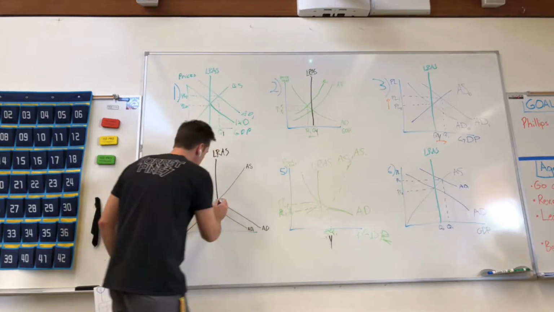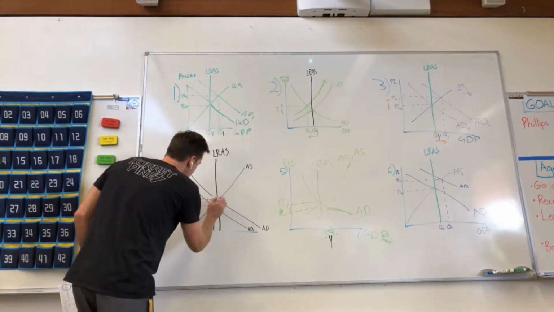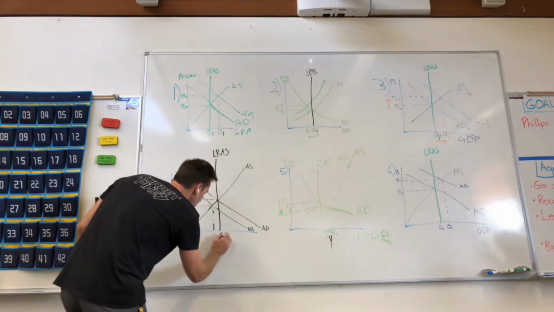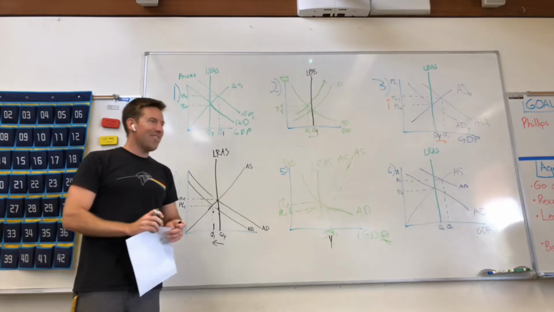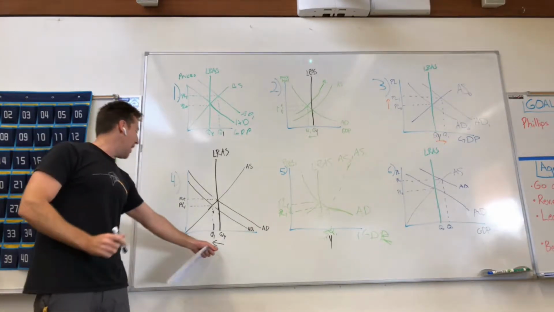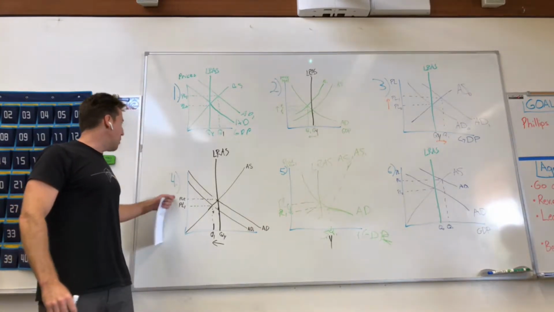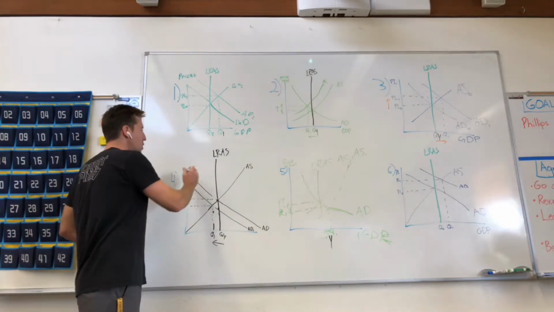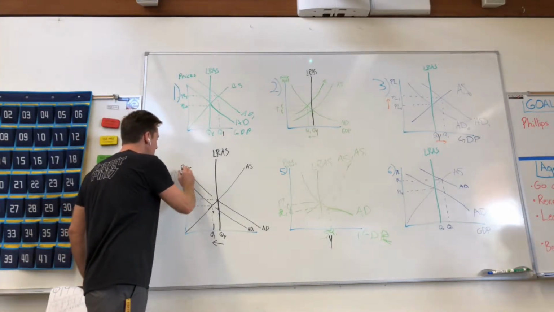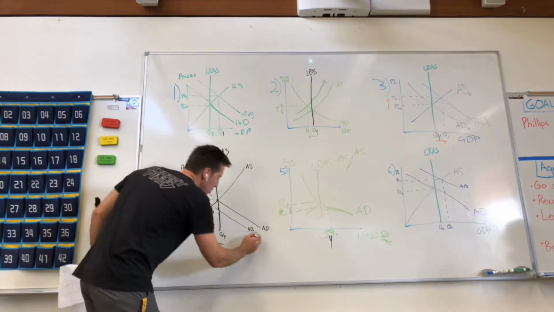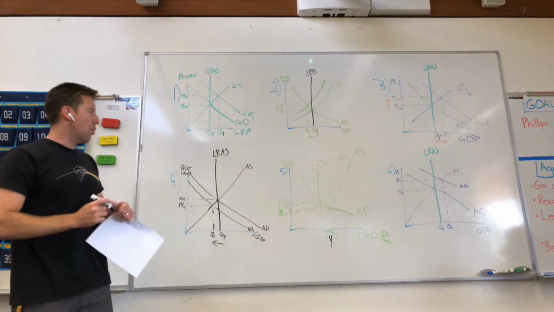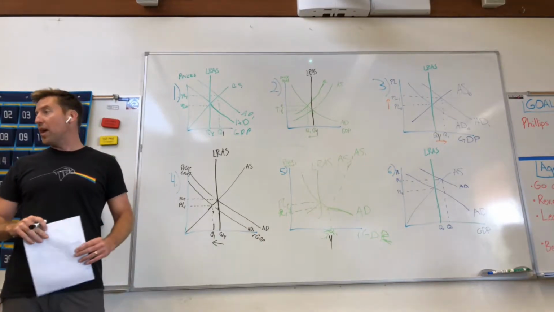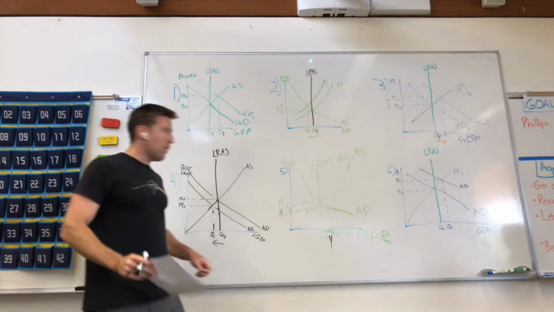Sorry about that. QY, Q1. So that's a decrease in output. Our GDP dropped and price level dropped. This one, make sure we have our price level written here and real GDP down there. They give you points for correctly labeling the axes. Who was on that one?